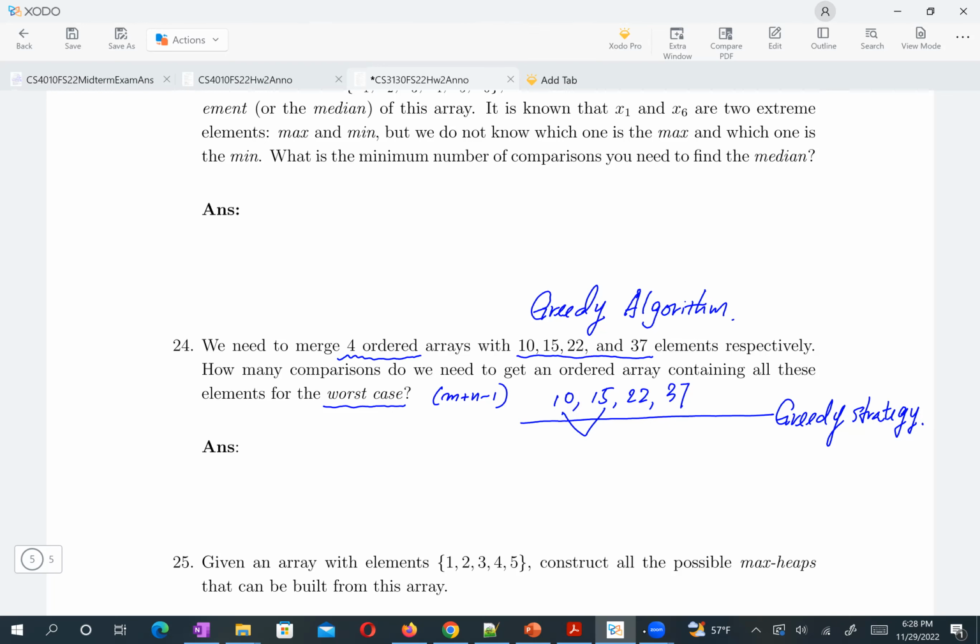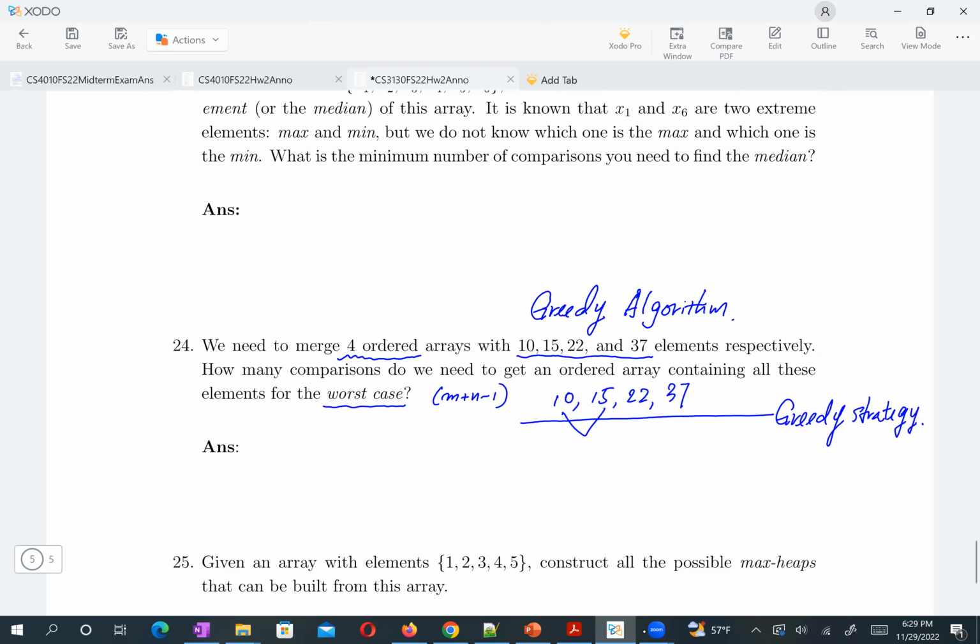Greedy strategy means you apply some minimum or maximum based criterion. Here, we want the two ordered arrays to be merged to have the minimum sizes. That's the greedy strategy.